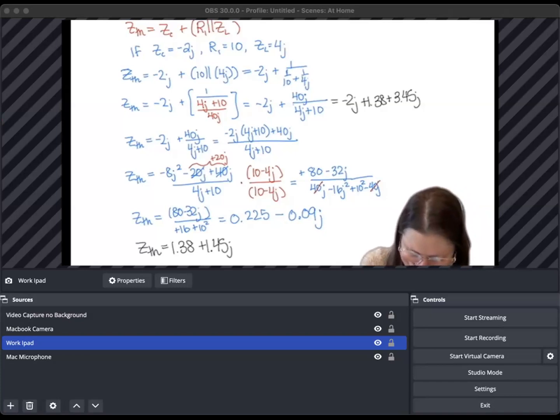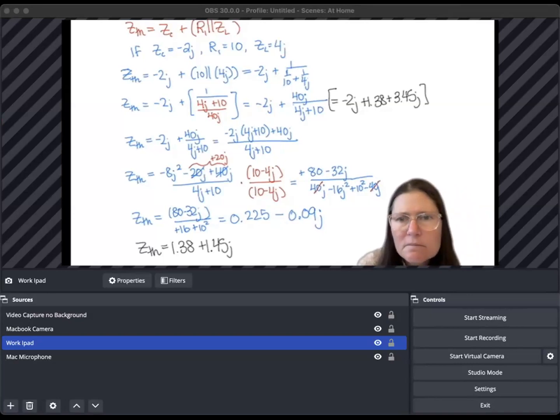I did it on my calculator, but I'm trying on Wolfram right now. Yeah, Wolfram's giving me what I got, which was 1.38 minus 3.45, and then minus 2i.